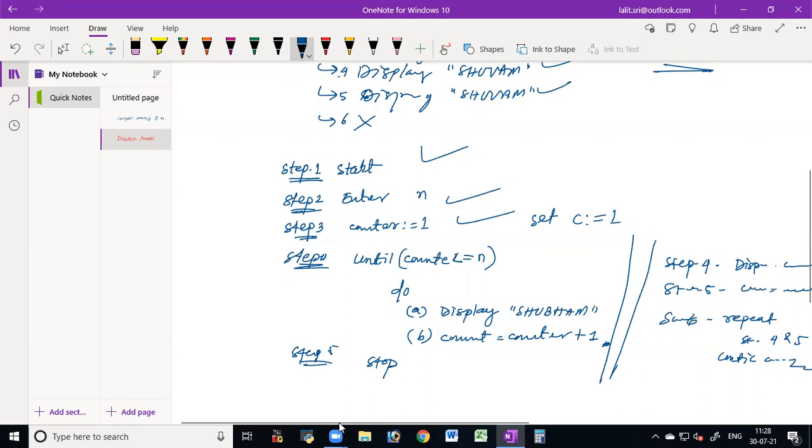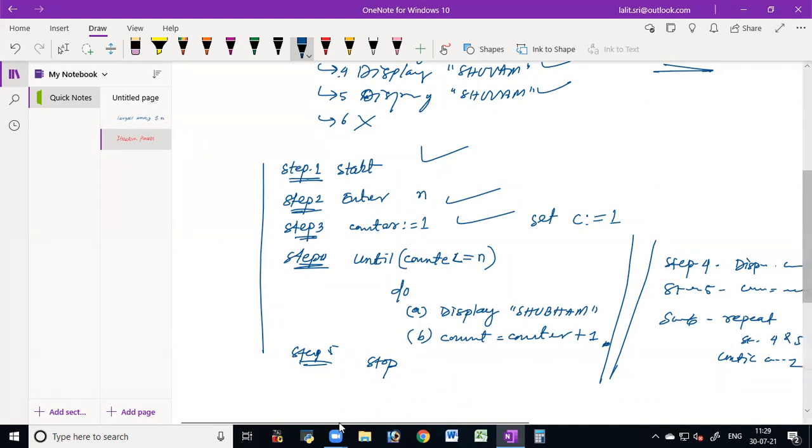Right. In the second format, step 1 is start, same thing. Step 2 is enter n value, same thing. Step 3, set counter as 1, same thing. Step 4, display your name. Then step 5, you have to increase the value of counter. Step 6, repeat step number 4 and step number 5 until counter is less than or equal to n.